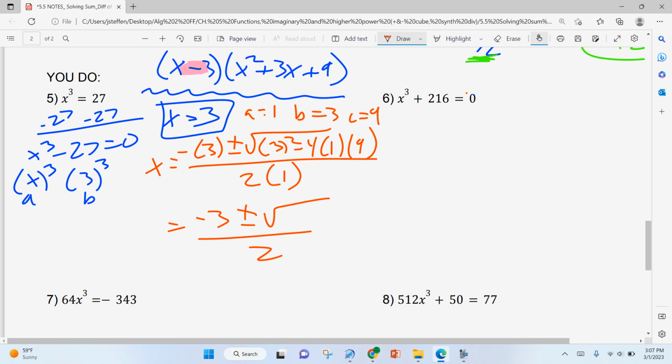Inside the square root for this one, you end up getting negative 27. Now again, I know my 27 is going to reduce down to 3 root 3. And the reason is because I use this one, and they all end in a square root of 3. So without even putting that in my calculator, I know it's going to be 3 plus or minus 3 root 3. But since it's a negative 27, it's got to be an i.